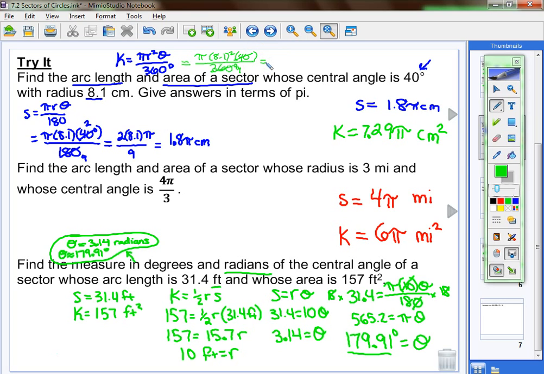So it becomes 8.1 squared, which is 65.61 pi divided by 9. And when you divide that, you get exactly 7.29. And then we still have pi. And it's area, so it's centimeters squared.